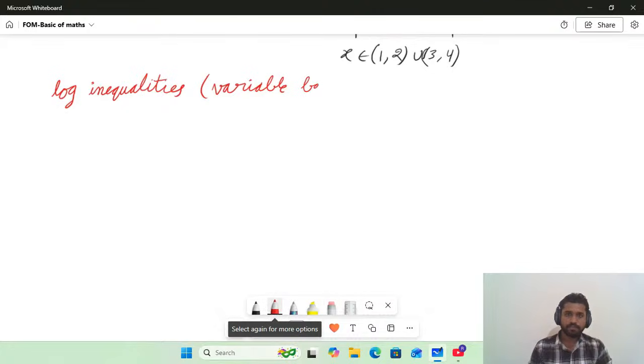How to solve this type of question, logarithmic inequalities with variable base?